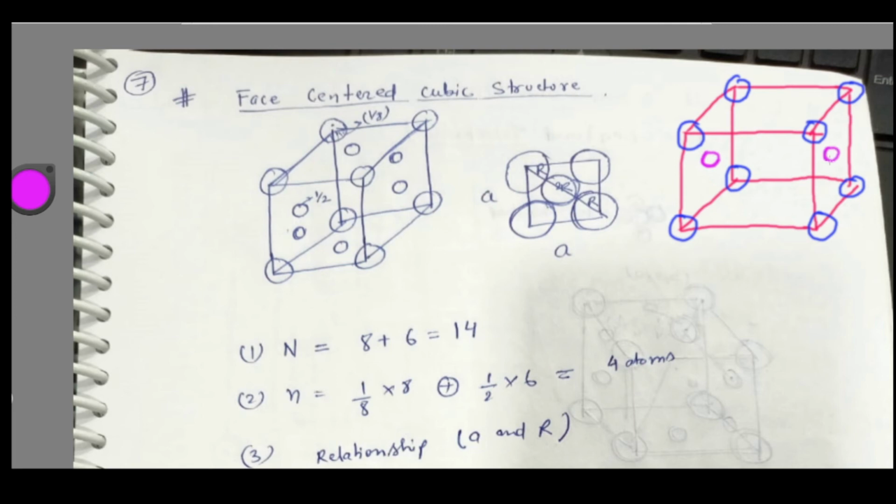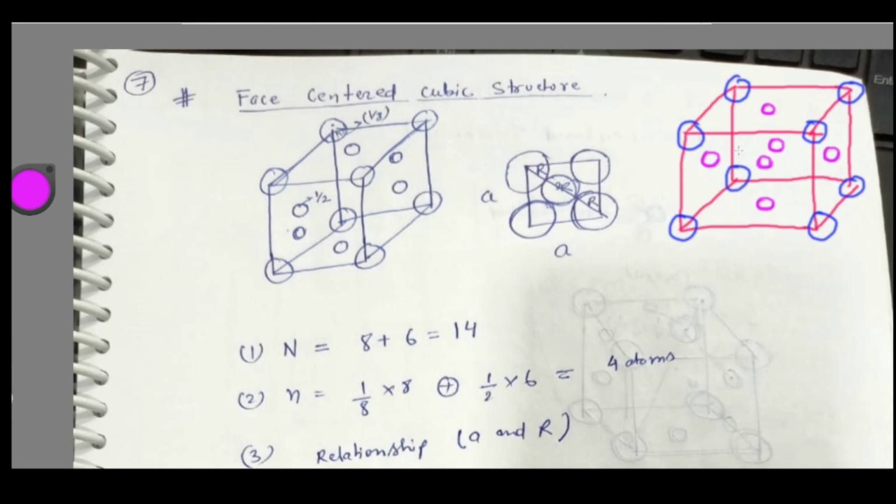On this face one atom will be present, on this face one atom will be present, similarly on the above face one atom will be present, on the back side face one atom will be present, and on the front side face one atom will be present.